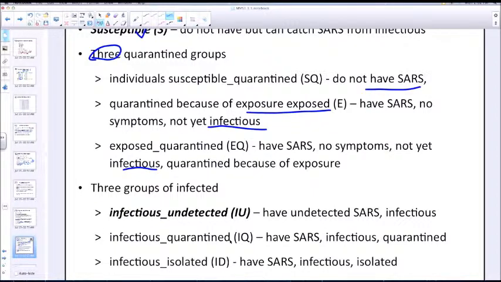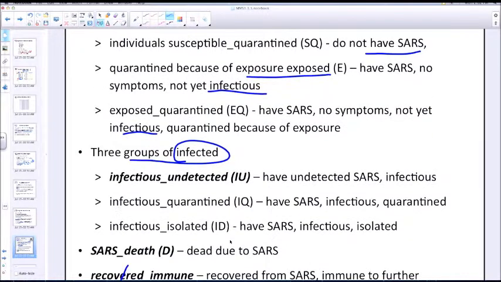For the infected people, we also have 3 groups now. The first group is the same. It's infectious but undetected. That's the dangerous group. That's the only group that really spreads the SARS. Another 2 groups, the infected, quarantined, they're safe now for the other people.